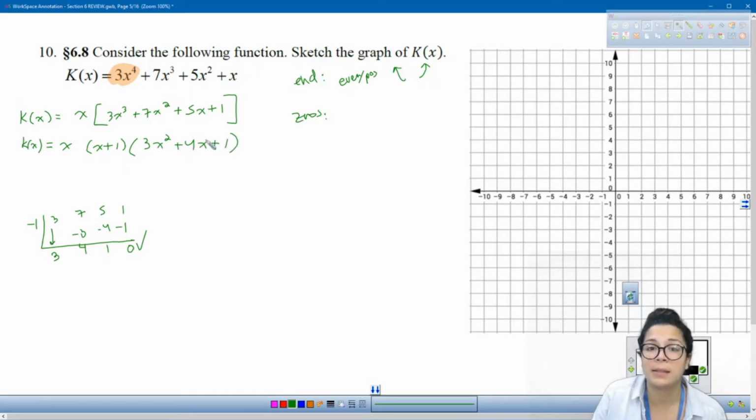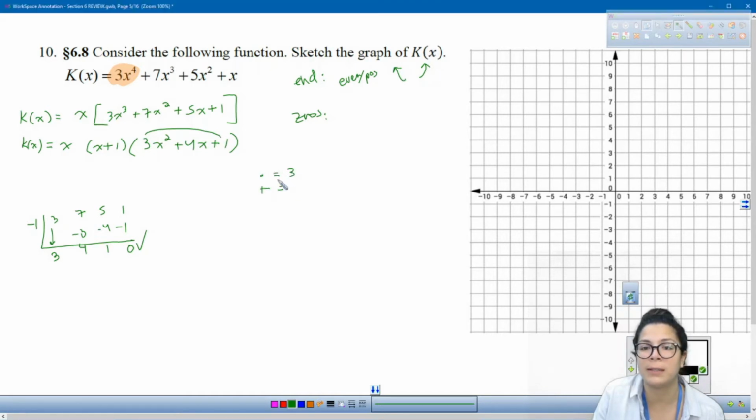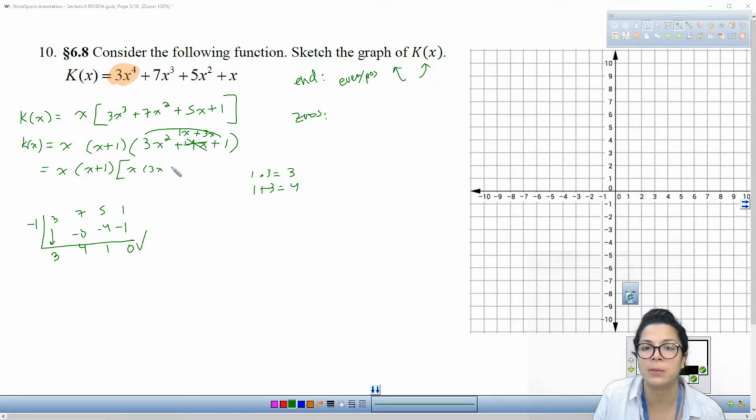And then this is just a trinomial, so I can factor, right? Rainbow over, since the a value is not 1, multiplies to 3, adds to 4, easy. 1 times 3, 1 plus 3. So this is going to factor. If we split 4x into 1x plus 3x, and we group the first two, then we could factor out an x from the first two, which gives us 3x plus 1.